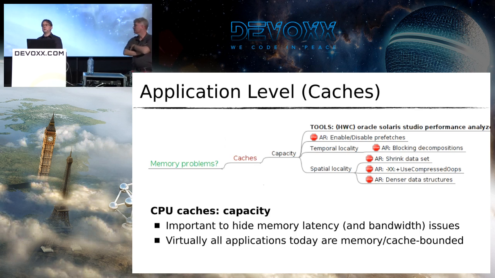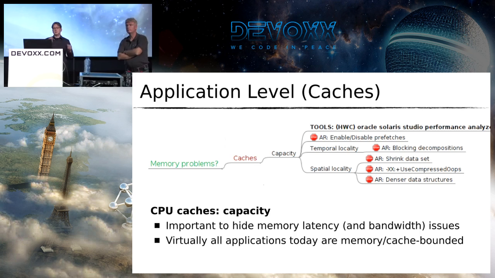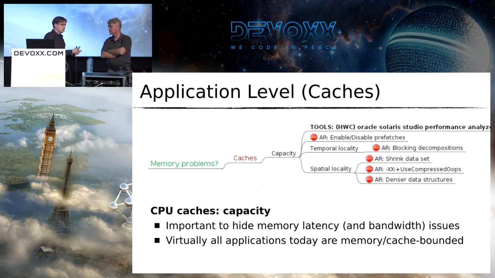For temporal locality, you want to access the data closer in time. So you want to access the same block of memory frequently enough, then get over with it and start to access another block of memory. So blocking decompositions, for instance, in algorithms can provide you that. Spatial locality is something easier to be achieved: you can push toward a denser data set.